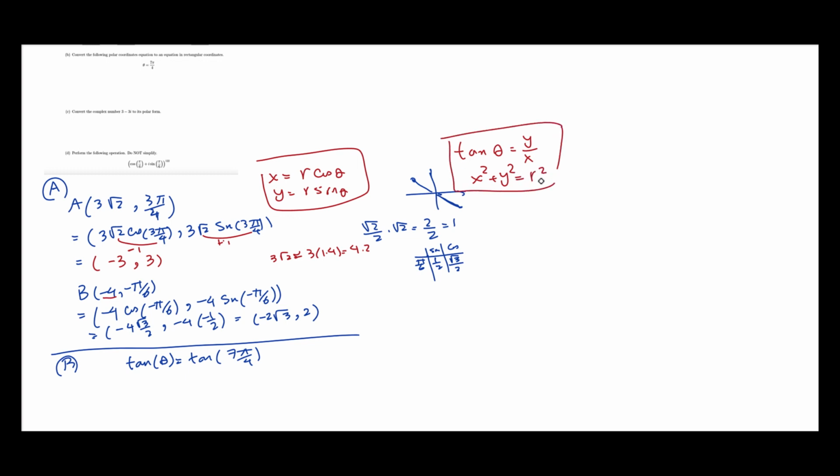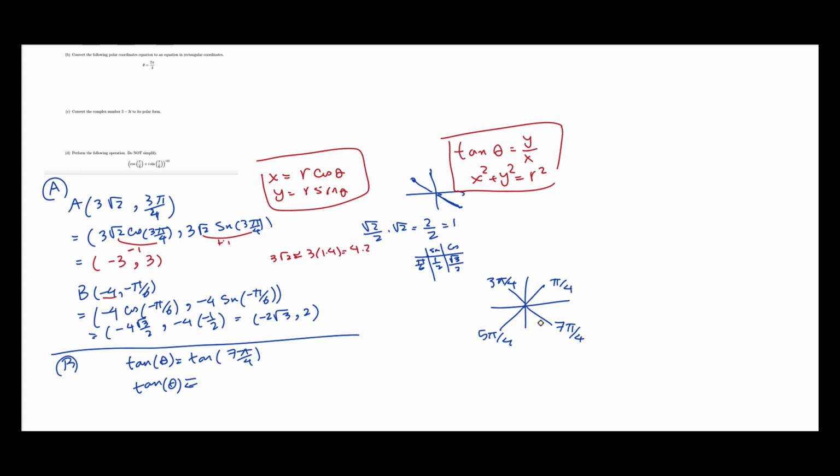So now that I do that, I can write tan theta. Tan of 7 pi over 4: here is pi over 4, here is 3 pi over 4, here is 5 pi over 4, and 7 pi over 4 is in this quadrant.